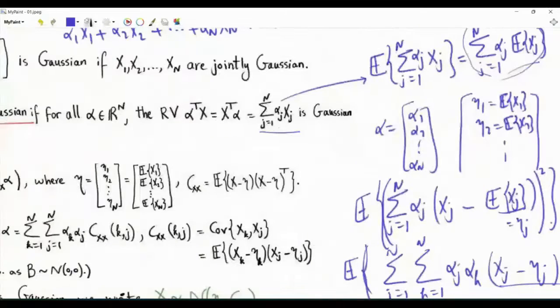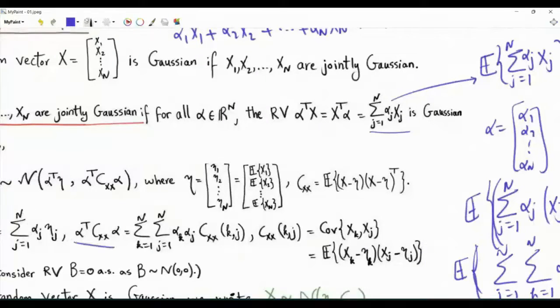So this summation here is Gaussian for any choice of the real numbers alpha 1, alpha 2, all the way to alpha n. The first moment is alpha transpose eta, where eta has components expected value of x1, then expected value of x2, and so on. And the variance is the quadratic form alpha transpose Cxx alpha.